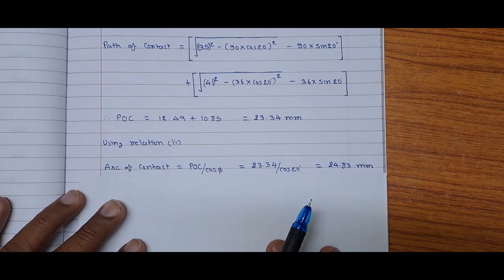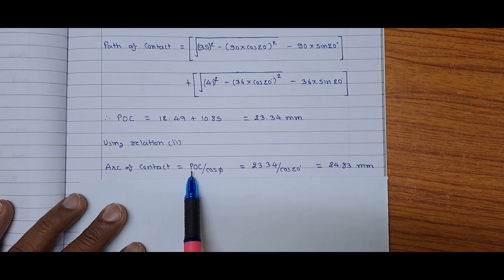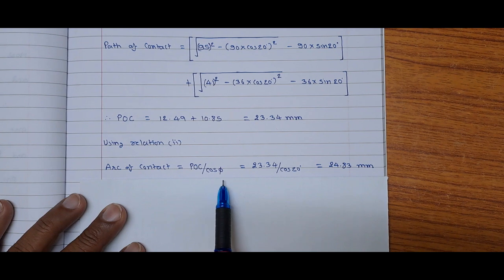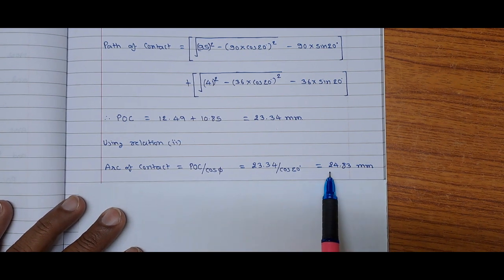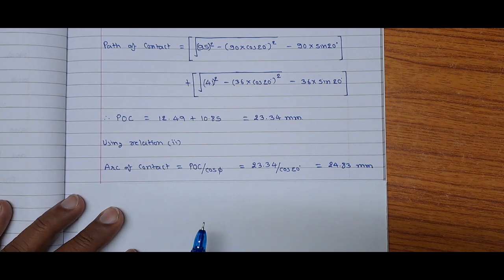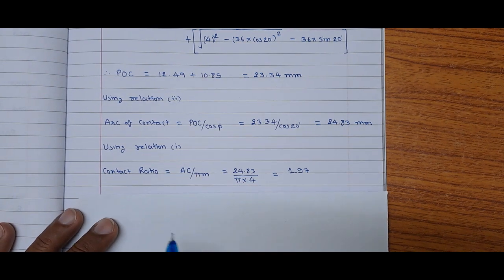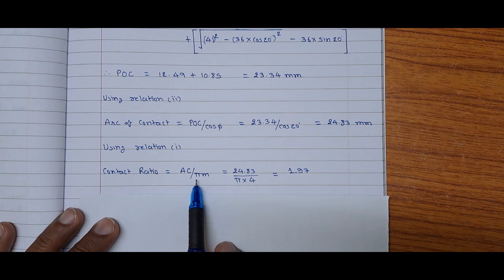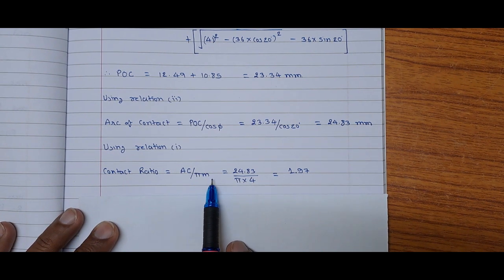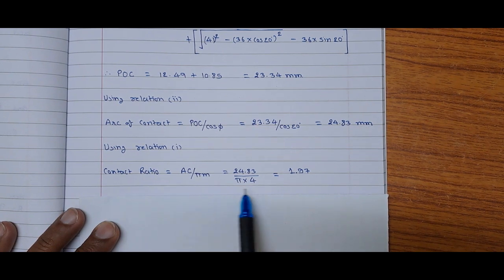So using relation 2, we can calculate arc of contact is equal to path of contact divided by cos phi, and we found it is equal to 24.83 millimeter. Again, using relation number 1, we can calculate contact ratio is equal to arc of contact divided by pi into module. On substituting the values, we found contact ratio is equal to 1.97.